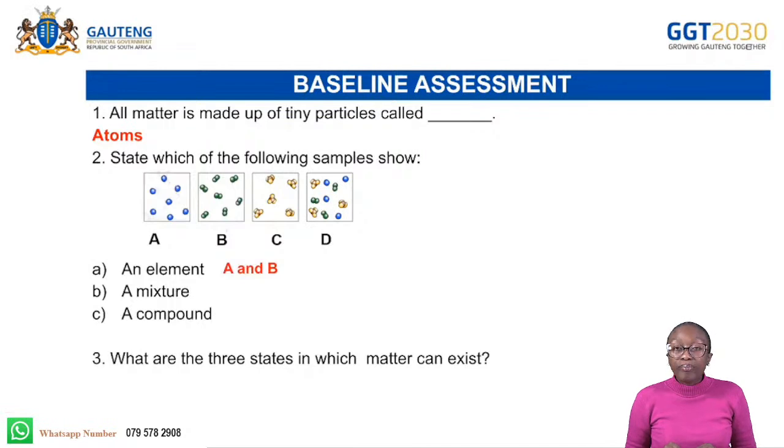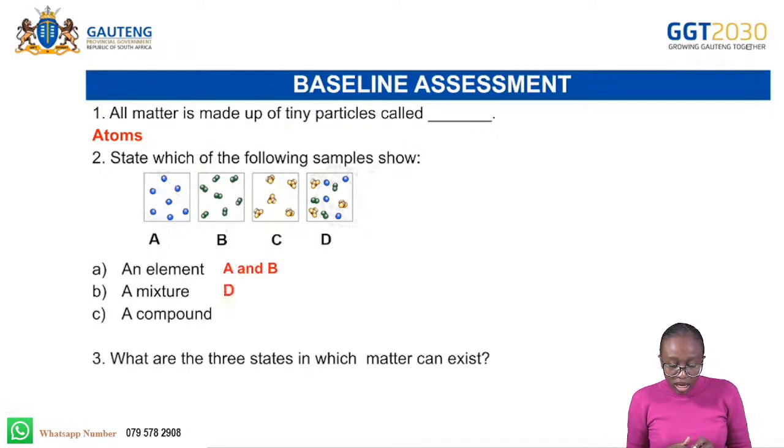What about a mixture? D shows us a mixture because what is a mixture? It's a substance that contains substances that are not chemically bonded together and are mixed in any type of ratio. There is no fixed ratio in this particular situation.